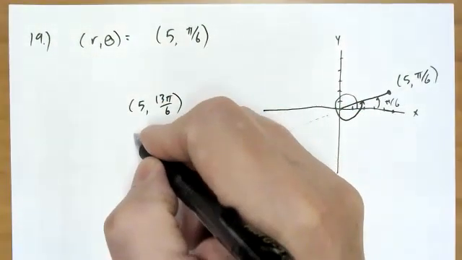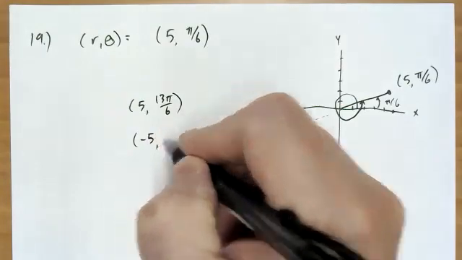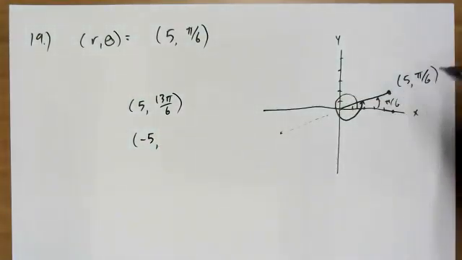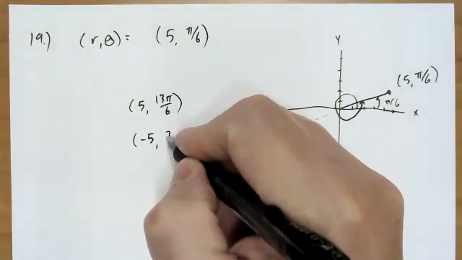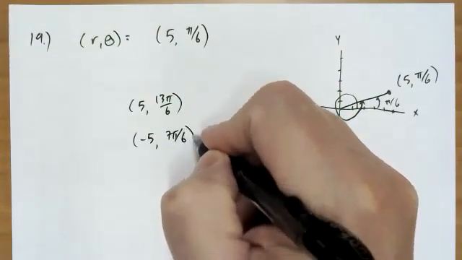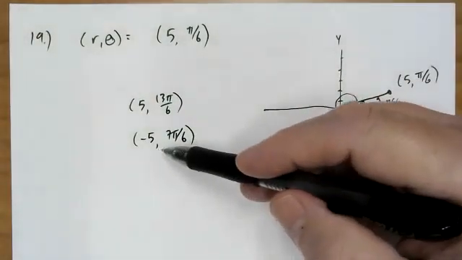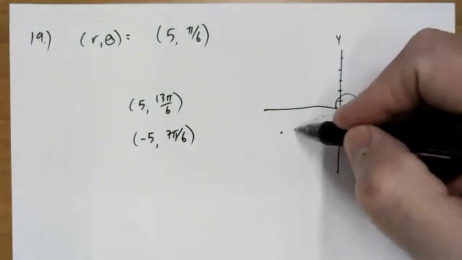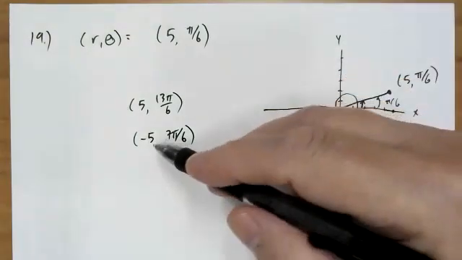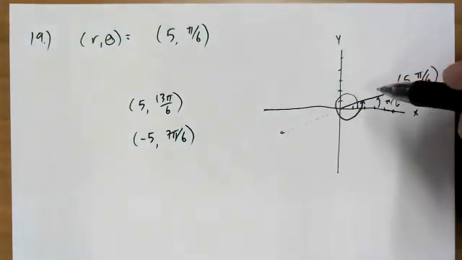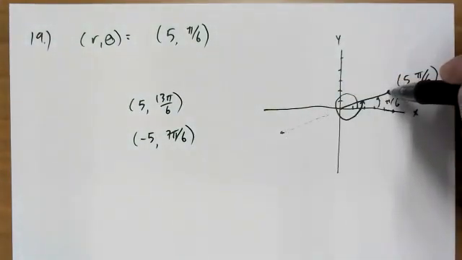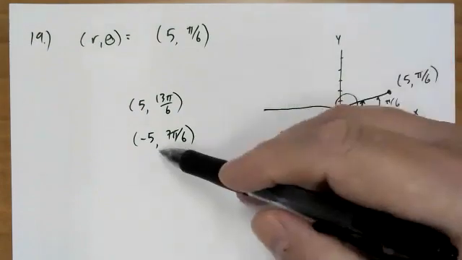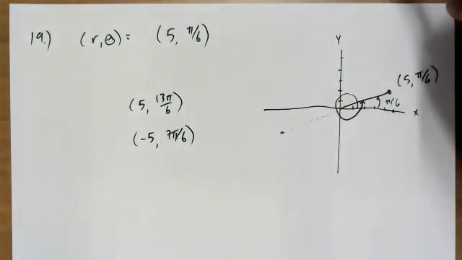So first of all, the r is going to be -5. That angle, I believe, should be 7 pi over 6, right? So if I go plot this point, 7 pi over 6, the angle's right here. 5 is here, but because it's a -5, it causes it to flip the other side. So this point right here is -5, 7 pi over 6.